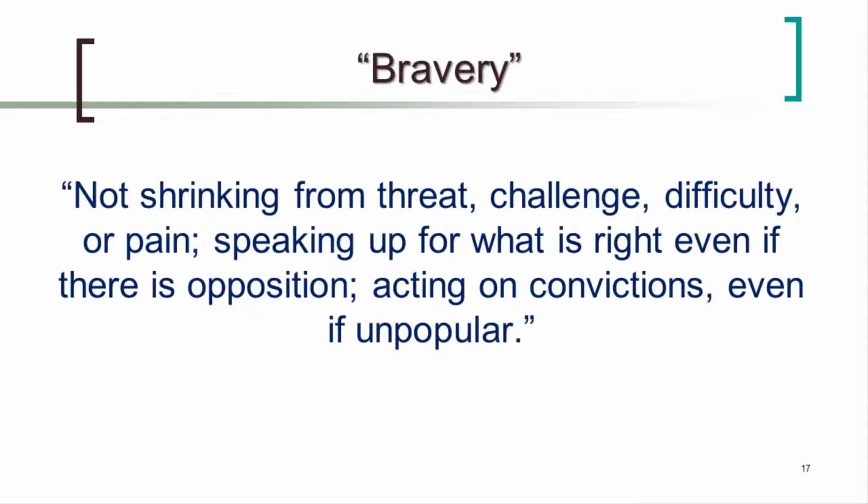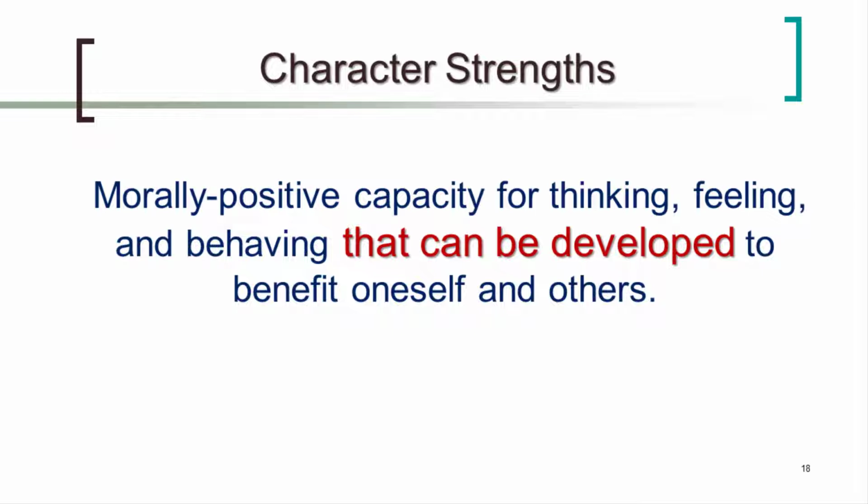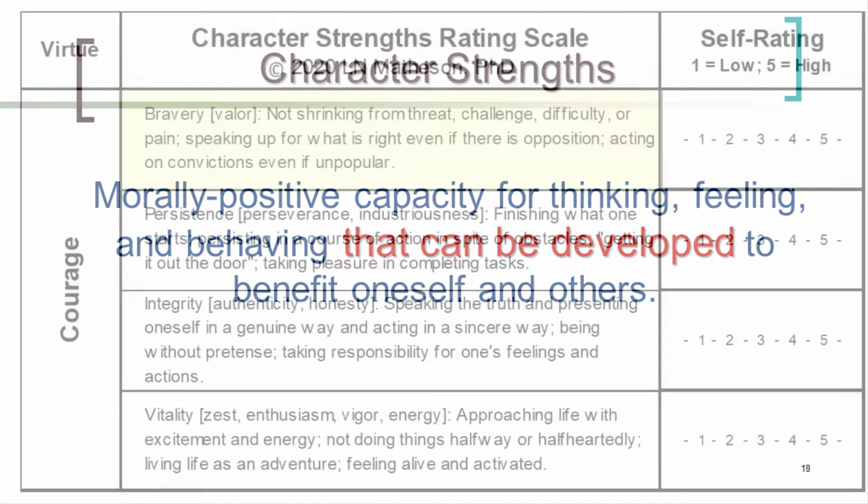Ruby and Barbara and the federal marshals and many others demonstrated the character strength of bravery, handling threats and challenges, speaking up for what is right. And one of the most exciting findings from our research is that character strengths can be developed. Let's stick with bravery as an example.